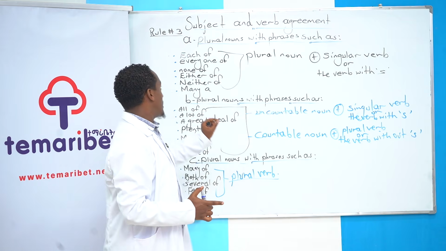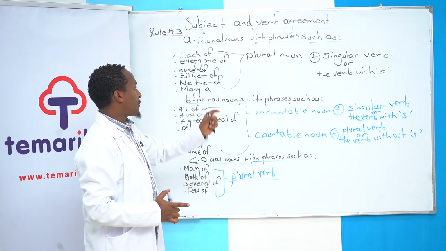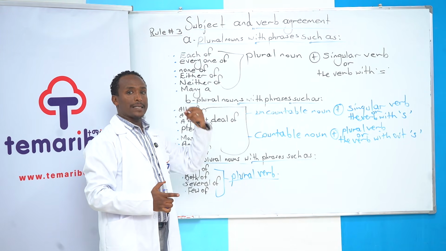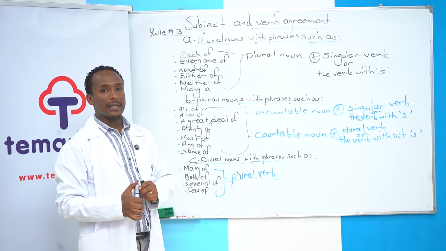So, rule number 3 of subject-verb agreement goes to phrases with of as a singular subject or as a plural subject.